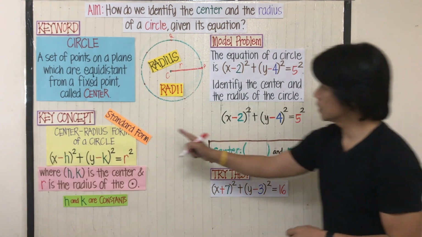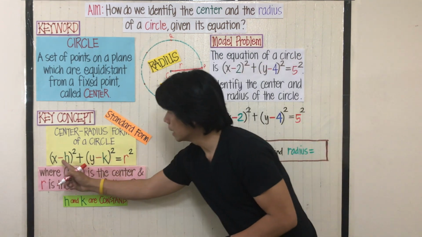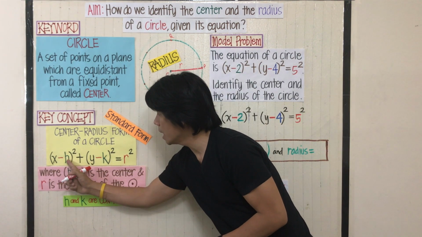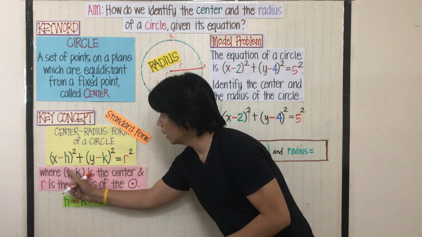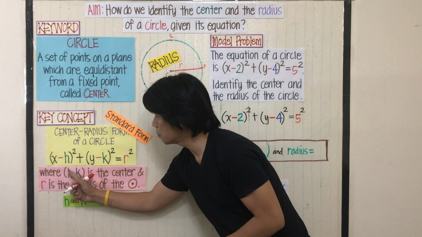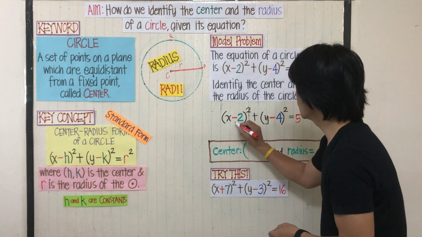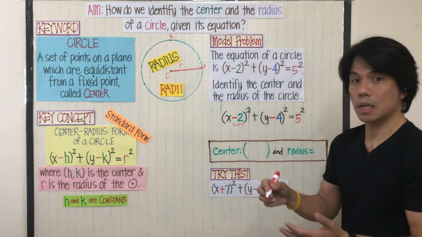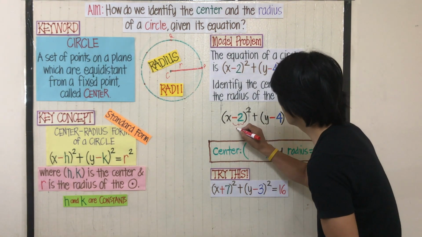Now, going back to the standard form or center radius form, notice that it says here minus h, but when it becomes a coordinate of the center, it becomes a positive h. What does it mean? You just simply change the sign or take the opposite sign. So this is minus 2. It becomes positive 2.